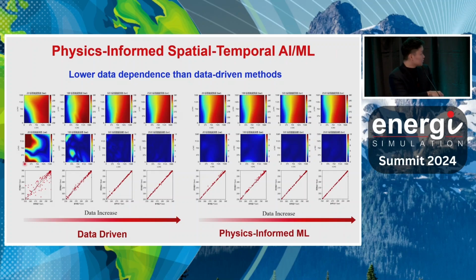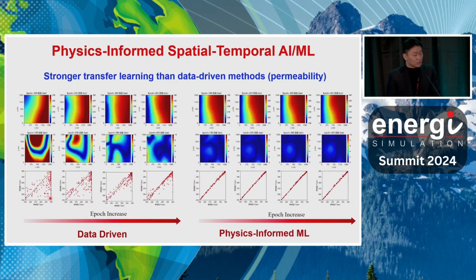You can see here in this figure. And in our physics-informed model, even though the number of the data decreased by 100 times, the prediction accuracy is also at a high level.